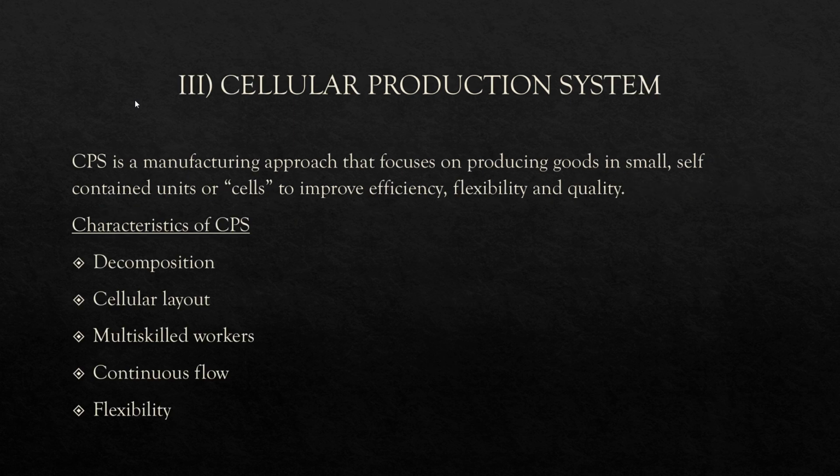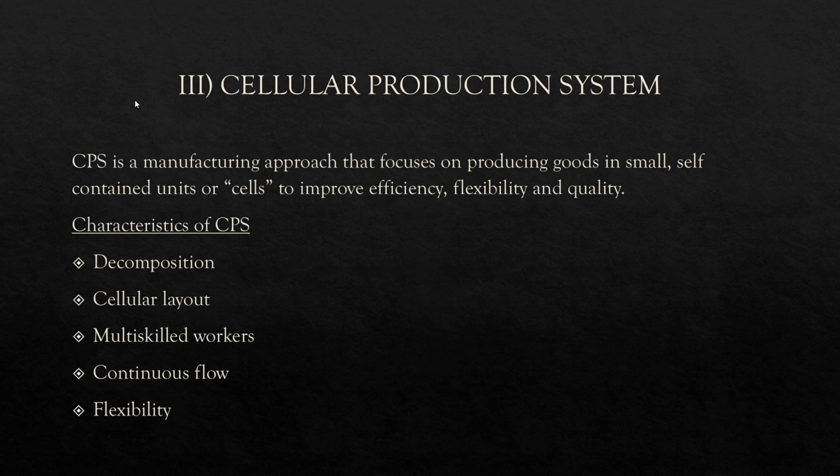Now we can go to cellular production system or CPS. It's a manufacturing approach that focuses on producing goods in small contained units or cells to improve efficiency, flexibility and quality. First characteristic is decomposition, that is breaking down complex processes into simple, smaller manageable tasks. Second one is cellular layout, that is arranging equipment and workstations in a compact U-shaped or circular configuration.